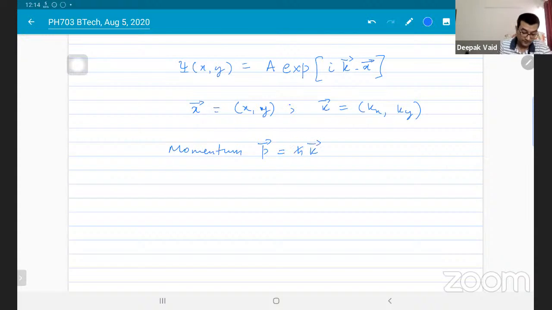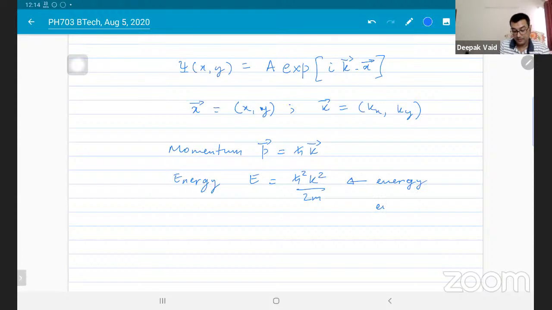It's h bar k. And what is the energy? The energy is p square by 2m, so h bar square k square by 2m. Right? So these are the energy eigenvalues for a free particle.